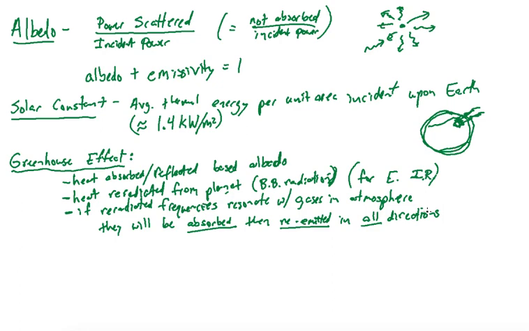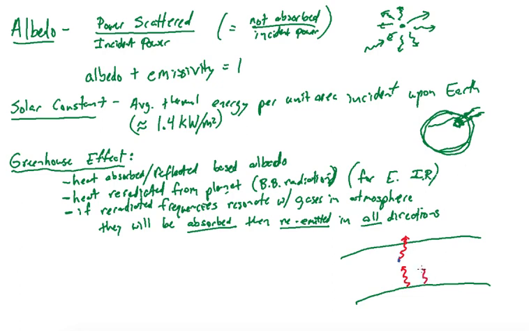This means that some of this heat, so let's say here's the surface of Earth, right? And here's the atmosphere. And so we have infrared coming back out, and it hits a little particle of gas here. There are these particles of gas there. This can be absorbed and then re-radiated out in any number of directions. So it's possible for it to be re-radiated back up out of the atmosphere, in which case the energy is lost.